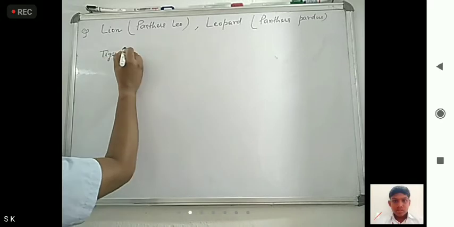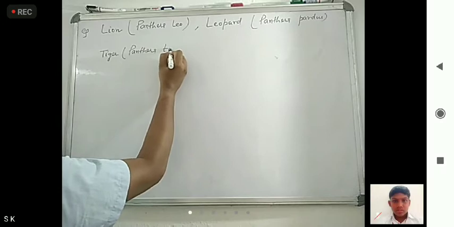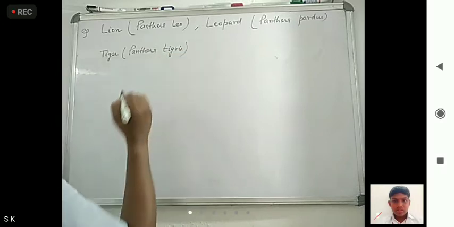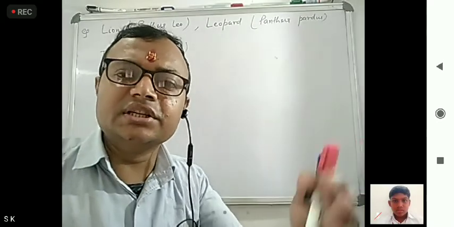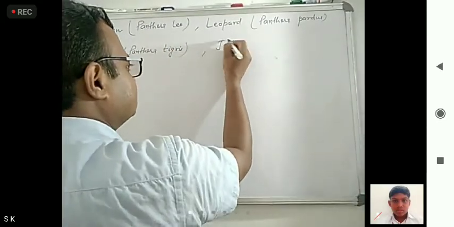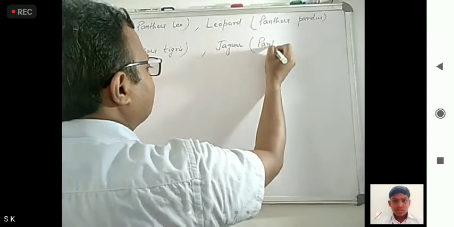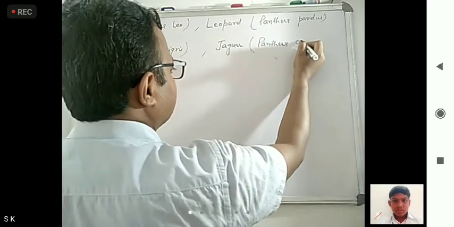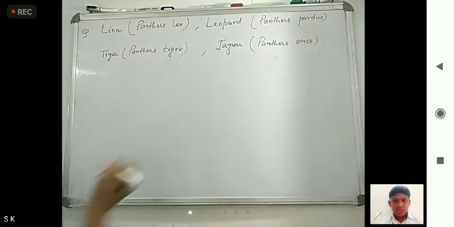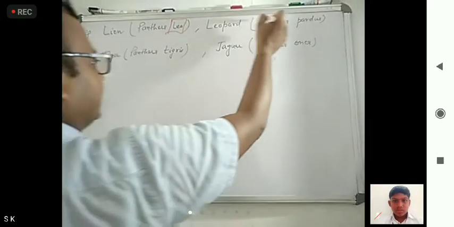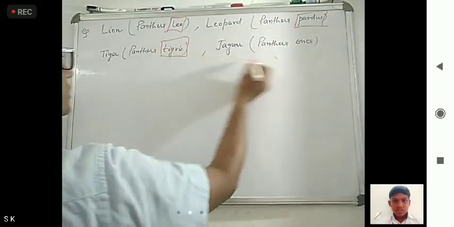Jaguar is Panthera onca. Here the species are different: leo, pardus, tigris, onca.